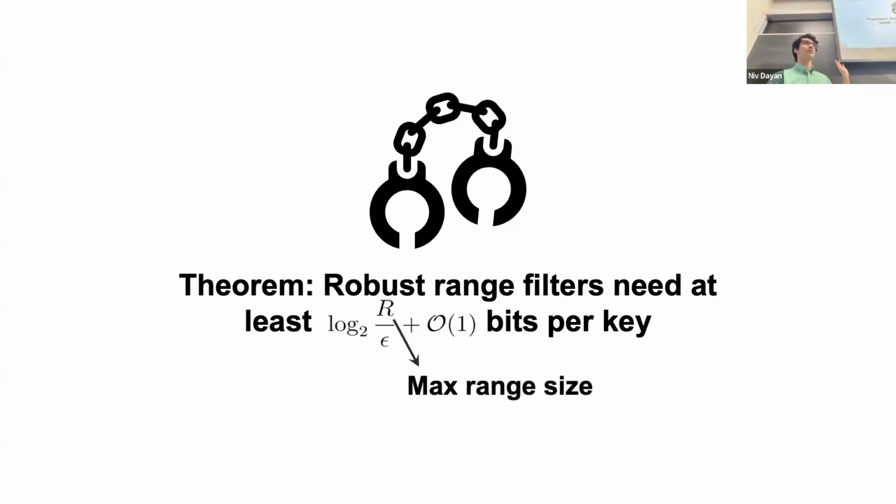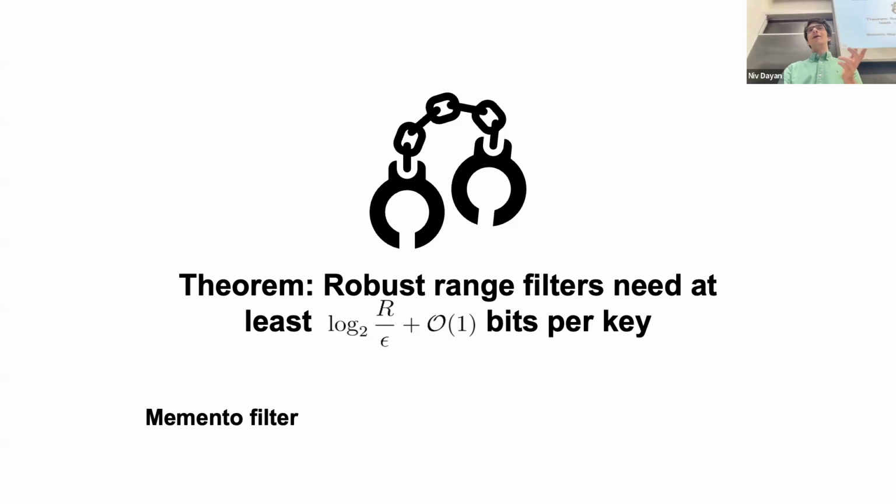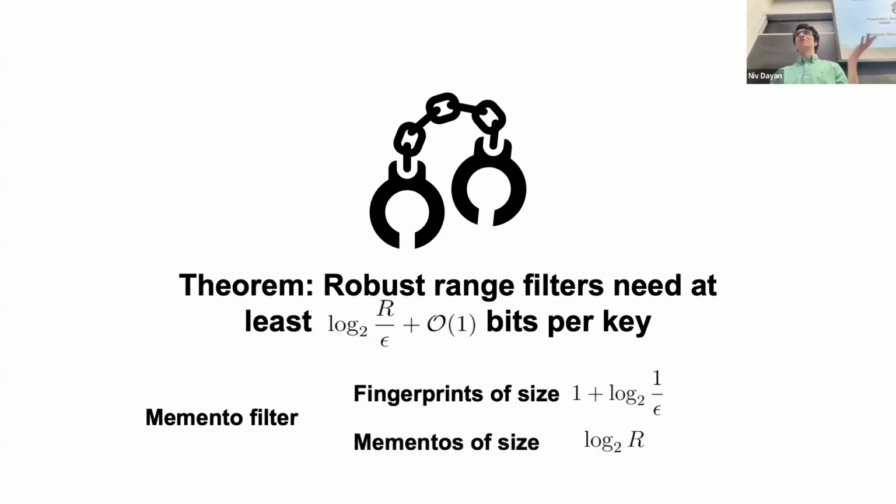So again, R is the max range size and epsilon is your false positive rate. Okay. So in the case of Memento, you can verify that your fingerprints are of size 1 plus log of 1 over epsilon. And your mementos, by definition, are of size log of R. Okay? So these 2 together kind of match the lower bound of the theorem over there.